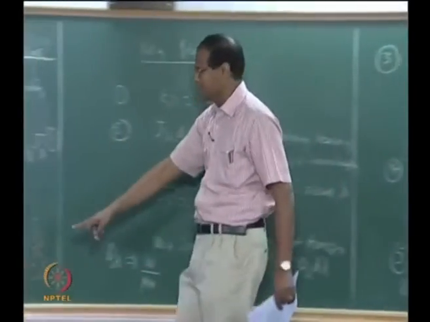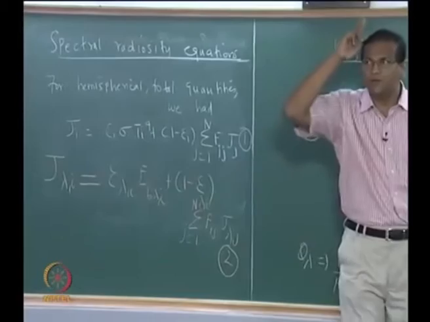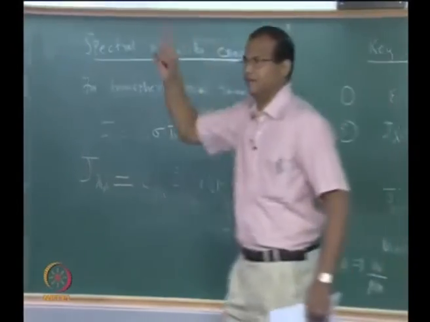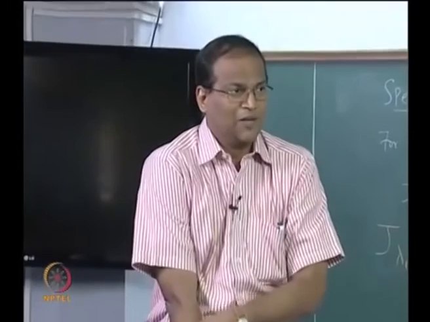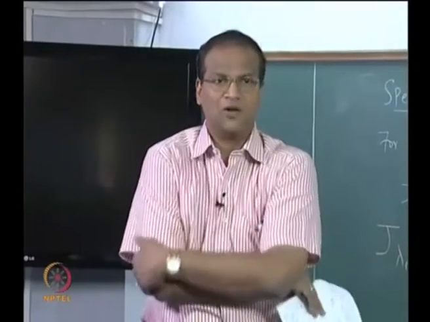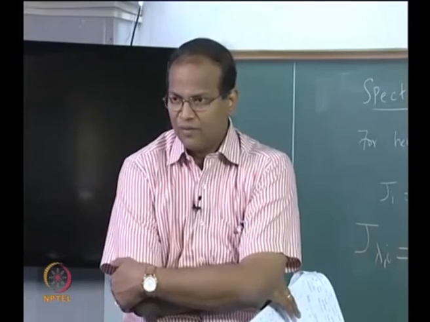You have to first get the view factors and all that, write out the radiosity equations, but radiosity equations have to be written for each and every wavelength. But the wavelengths and the surfaces are not coupled. That means for every wavelength you can independently solve. Okay, are you getting the point?